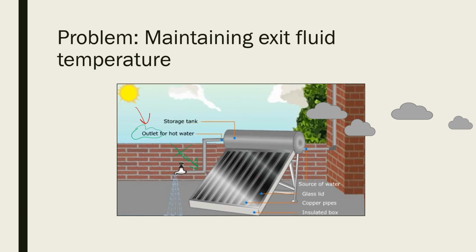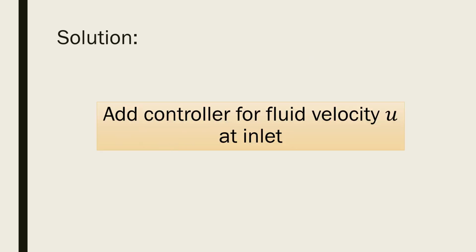So if you plot a solar radiation, it will be fluctuating. Sometimes we have solar radiation, sometimes it's high, sometimes it's low, right? So how do we have a constant temperature of water flowing outside the solar collector tube?